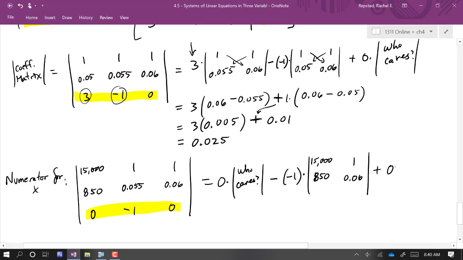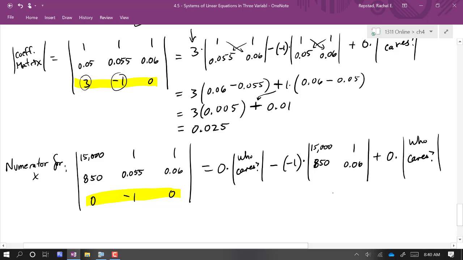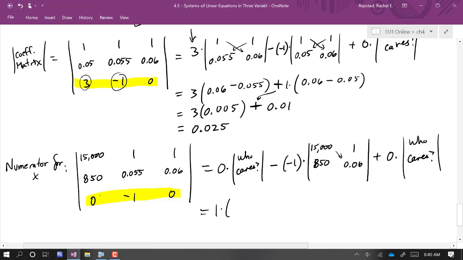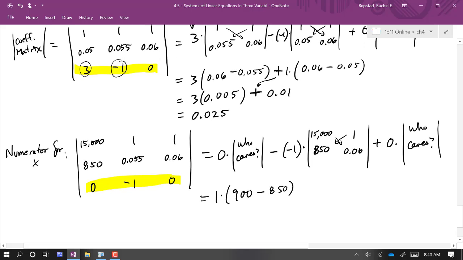And then plus 0 times, again, who cares what that determinant is. So it's just the middle one that I need. So there's a 1 times 15,000 times 0.06. So that's 900 minus 850. And that will give us 50.